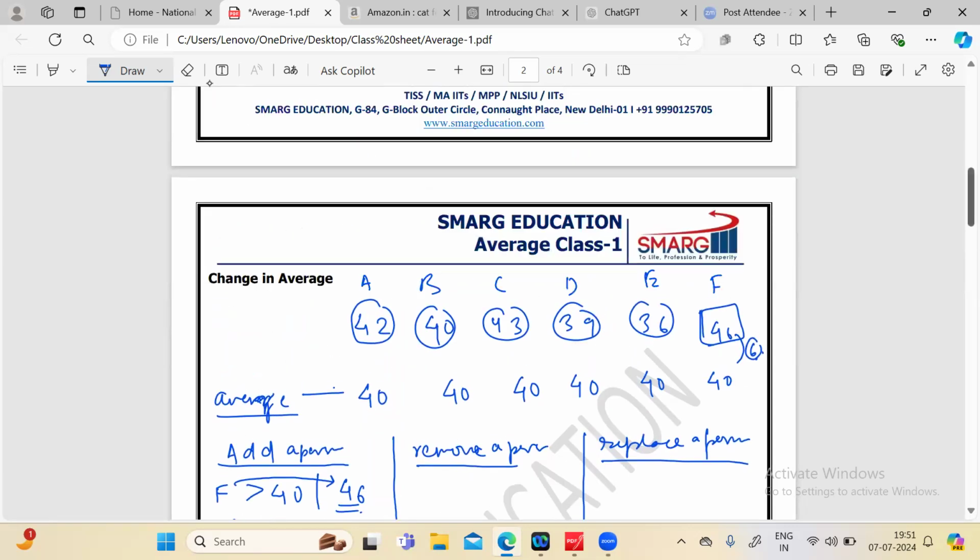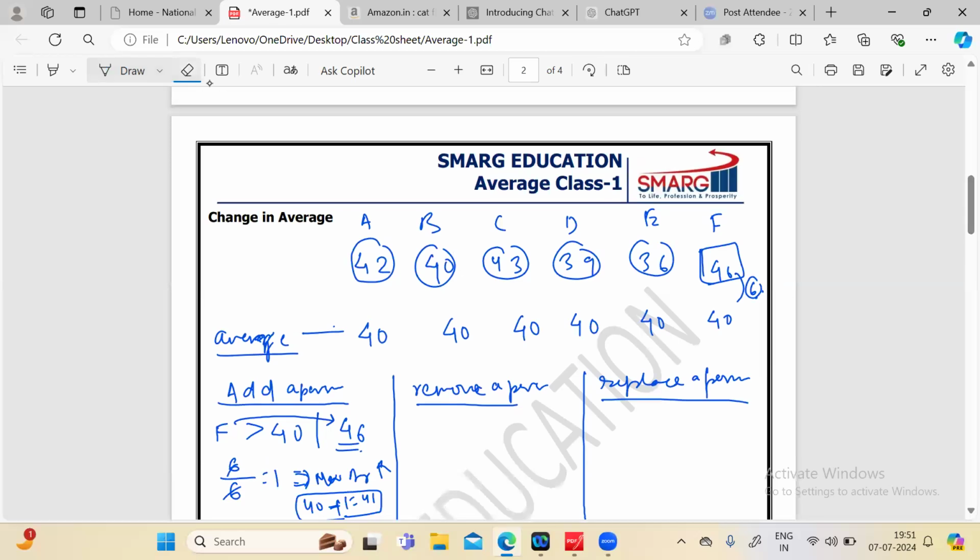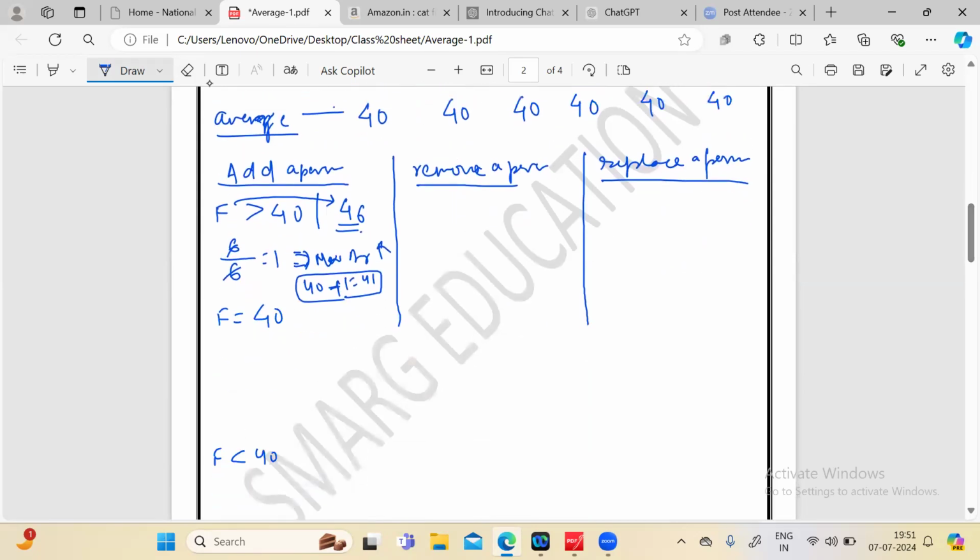What if the age of F, the new person, is 41? Then what will happen? Will the average change? Will the average change? No, sir. It will remain the same.